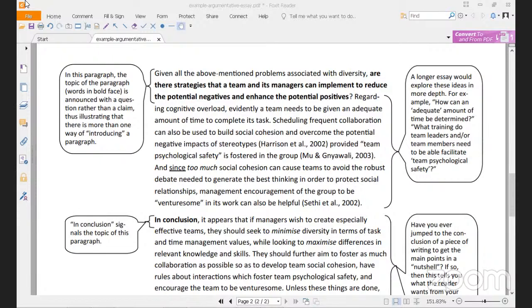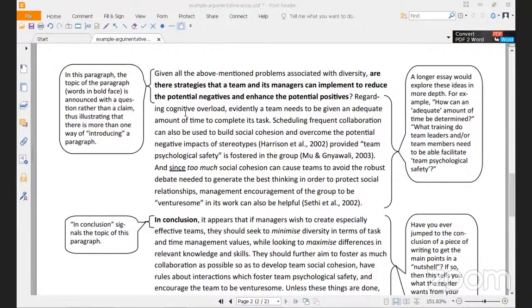Scheduling frequent collaboration can also be used to build social cohesion and overcome the potential negative impacts of stereotypes. And since too much social cohesion can cause teams to avoid too robust debate needed to generate the best thinking in order to protect social relationships, management encouragement of the group to be venturesome in its work can also be helpful.